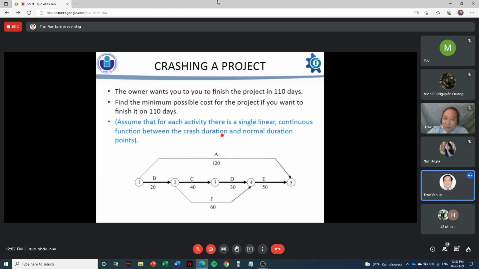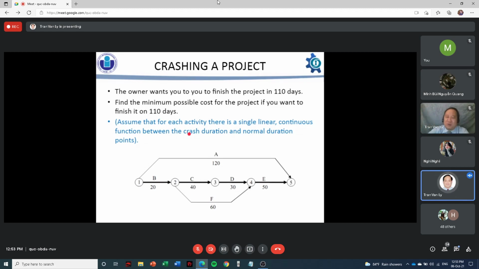So which activity to crash first, and what is the optimum way to crash the project? So with that, many problems to solve. That's why we learn project management, and today's special is crashing.